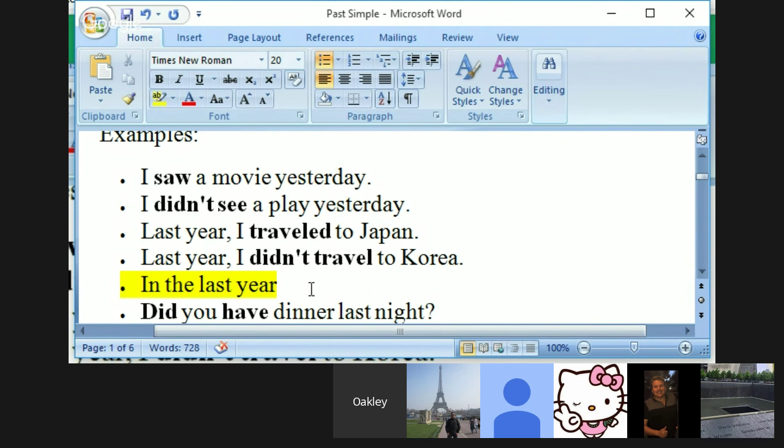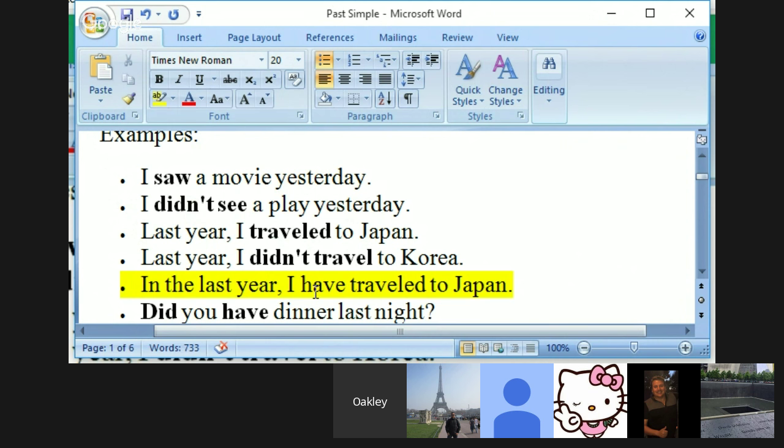The year 2014 is done with. So past simple, as in the examples. But when I use in the last year, I'm talking about 365 days backwards from right now. So in that case, I have to use a present perfect tense. As in, I have traveled to Japan, let's say.